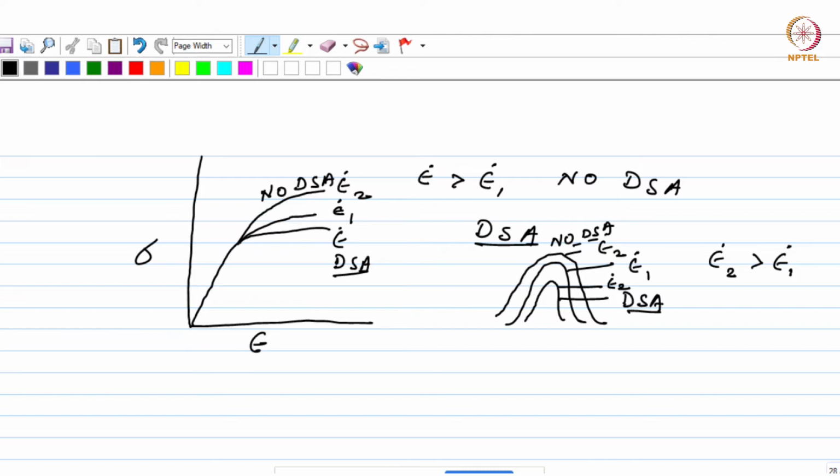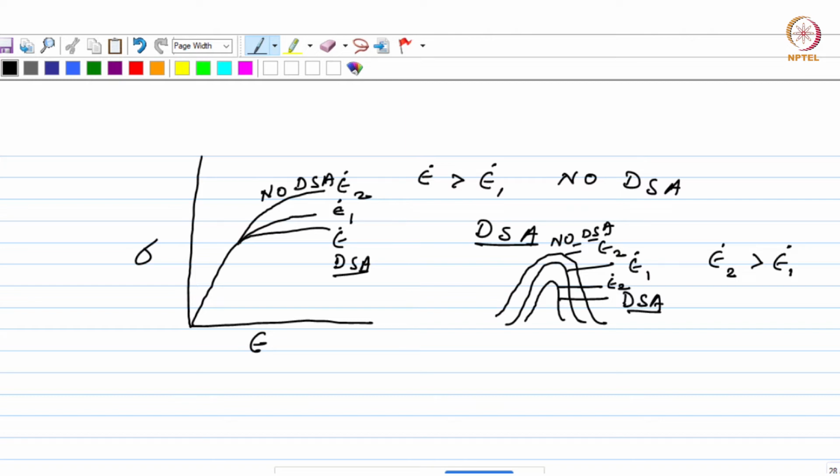Now there is a theory behind this also, like we talked about the Cottrell-Bilby theory for the strain aging, for the dynamic strain aging also, as to why those serrations that you see in the stress strain diagram, why do they come, right? There is a theory behind that, and that is what we are going to discuss right now.